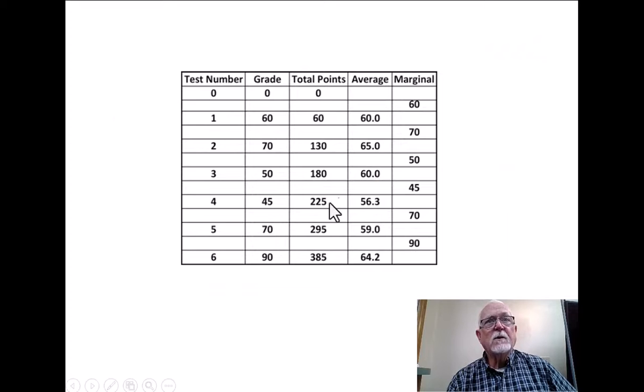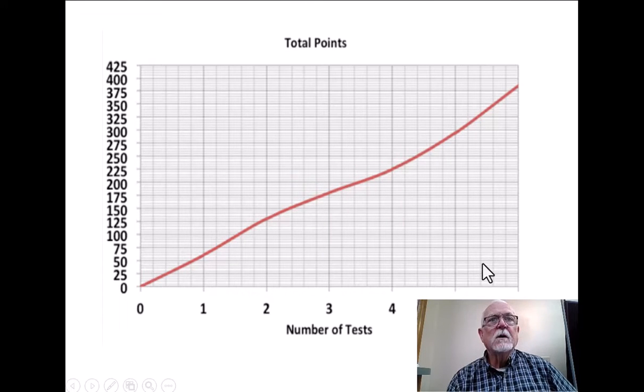We're talking about this column here as the y-axis, or the vertical axis values, and this would be the x-axis, or the horizontal axis values. So notice that the total is always increasing. Now it's not a straight line because our test scores are not exactly the same each time, but notice it's always increasing unless we had a negative value for one of those tests.